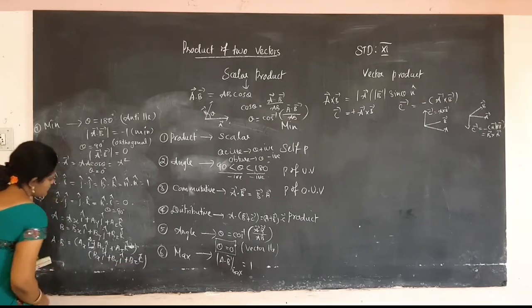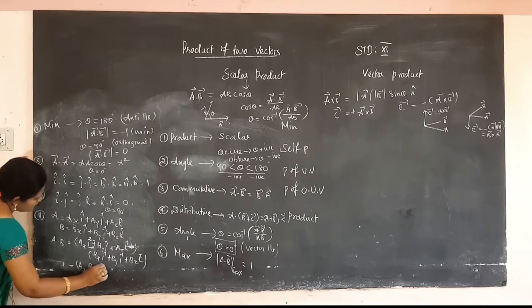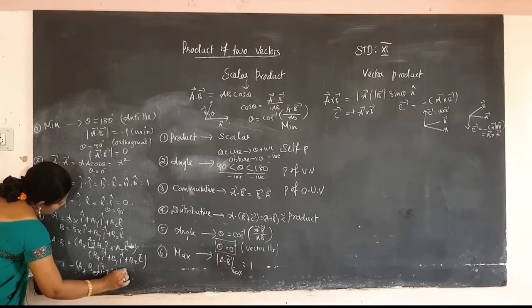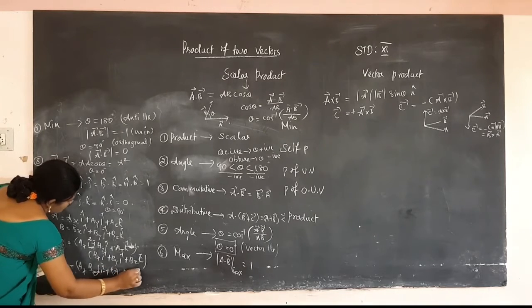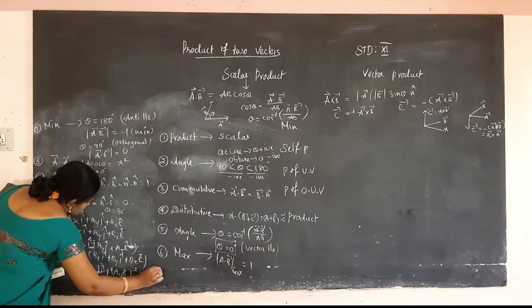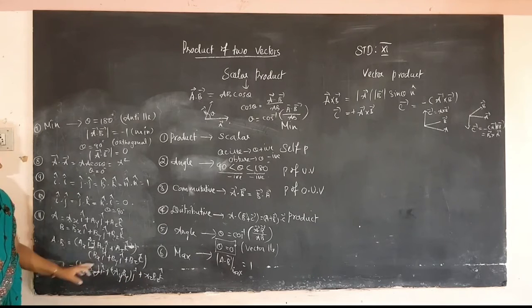Then multiplying the x components, ax and bx into i cap, and then ay and by into j cap, then az bz into k cap. This is how to find the product of two vectors in scalar form.